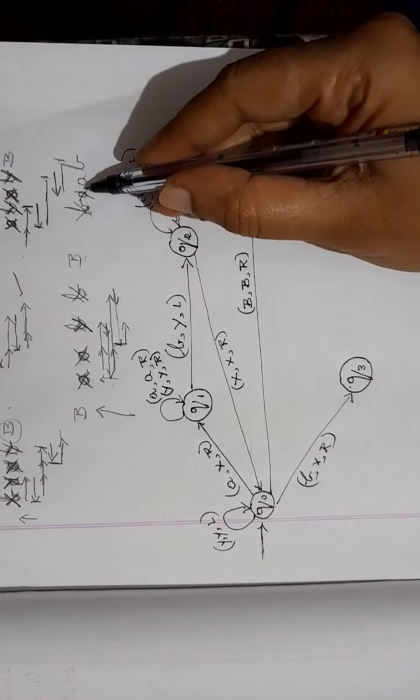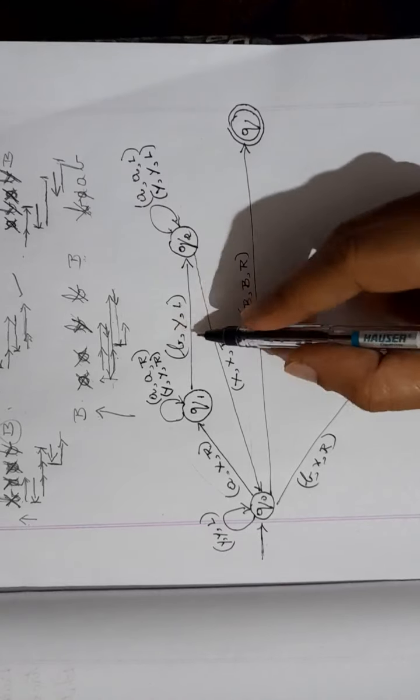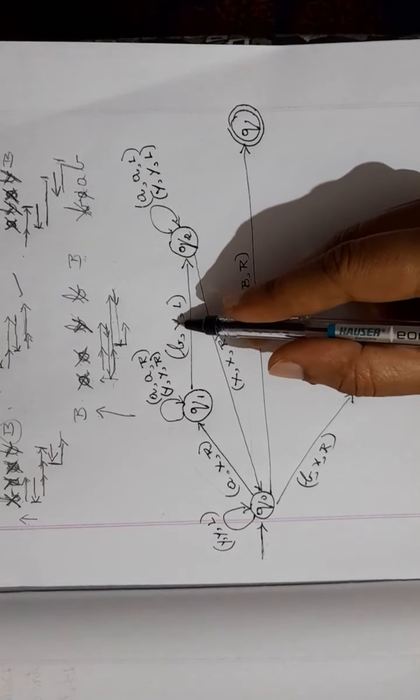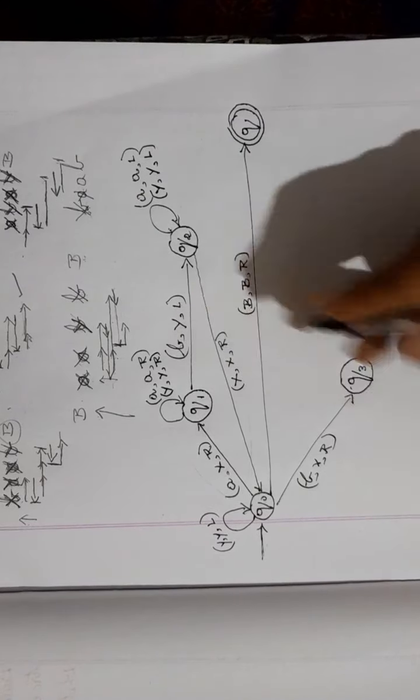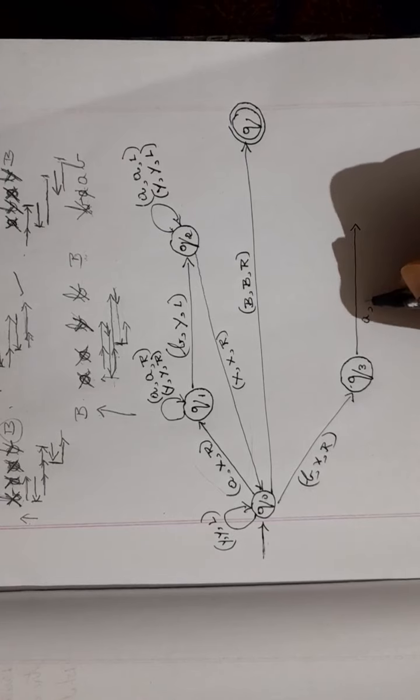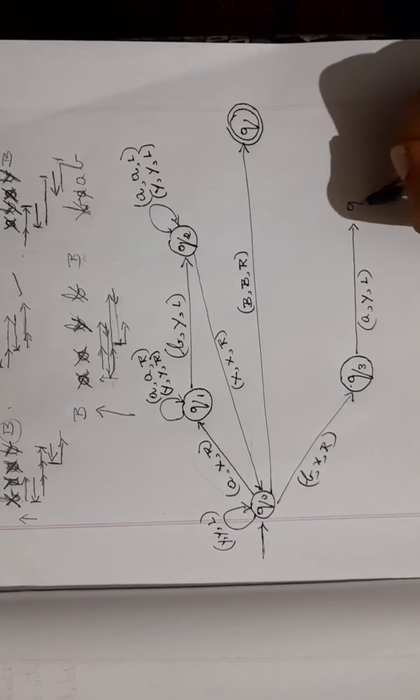If I am reading A, that A I will change it to Y and move left. So here I have B, so here I'll have A. In case I get A, I will change it to Y and then I will move left. So I'll go to state Q4.